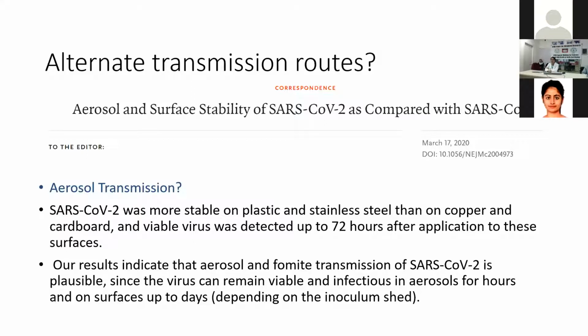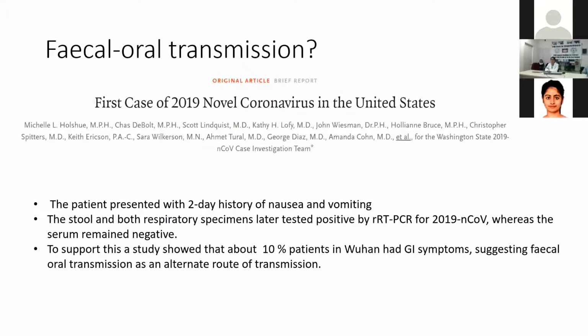Our results indicate that aerosol and fomite transmission of SARS-CoV-2 is plausible since the virus can remain viable and infectious in aerosols for hours and on surfaces up to days. But as per recent WHO guidelines, it has been ruled out that there is any airborne spread related to COVID-19.